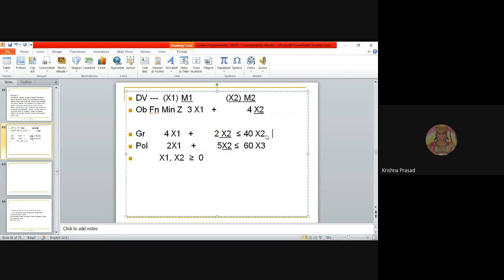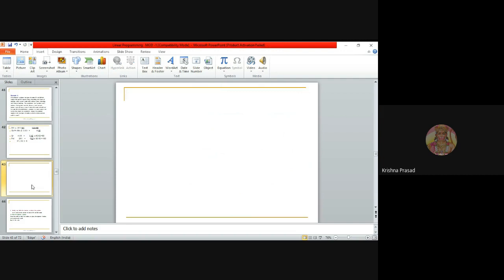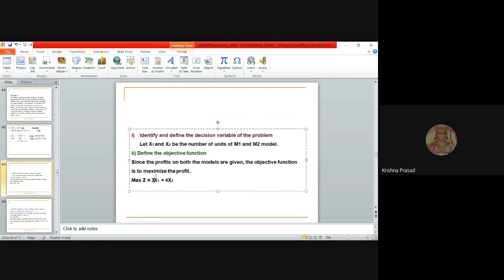So the actual answer is 80 and 180. This is the small trick which they have given. If you write like this in the worksheet and start to work, you can get it. Please copy this one.